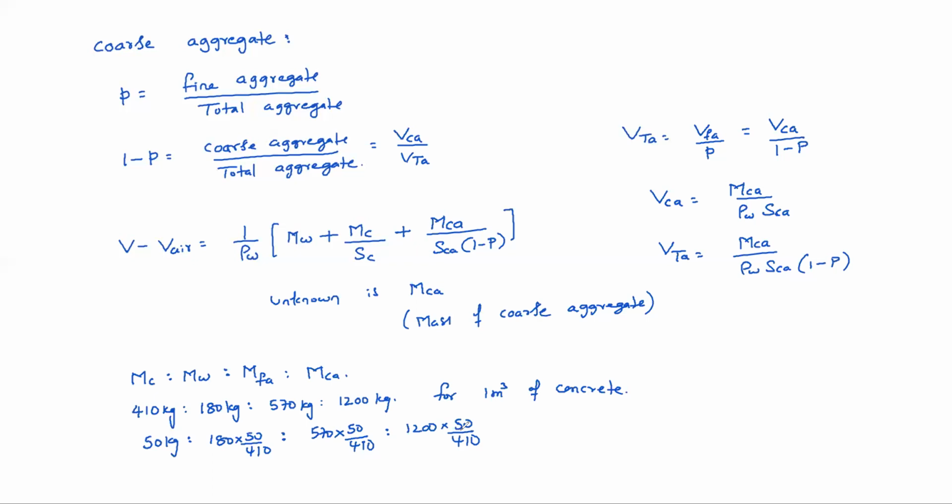If the trial mix passes, then only you can finalize. Otherwise, you should change things, for example cement content must be increased. So the trial mixes should be adjusted based on site condition. So these are the things. Clear?